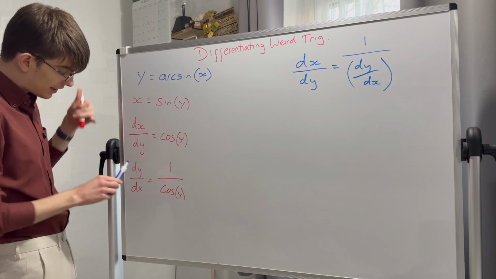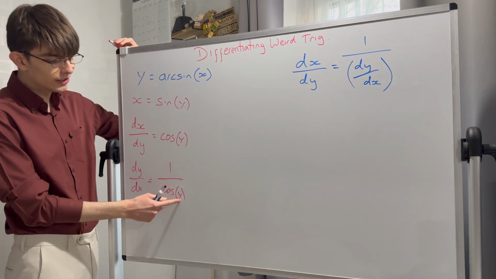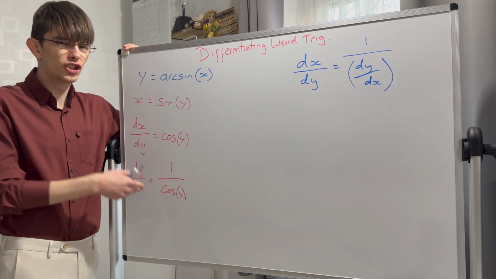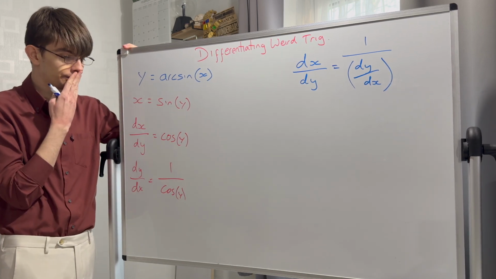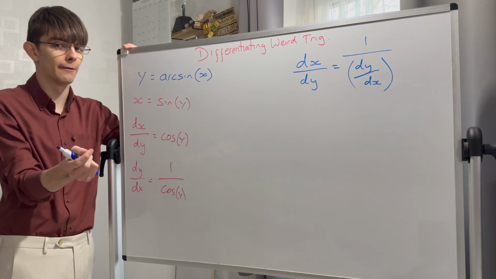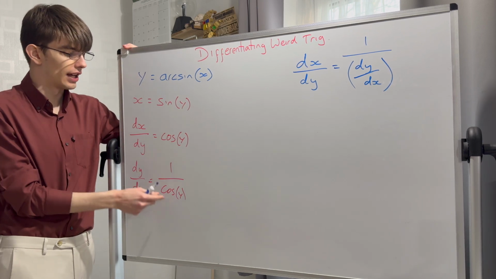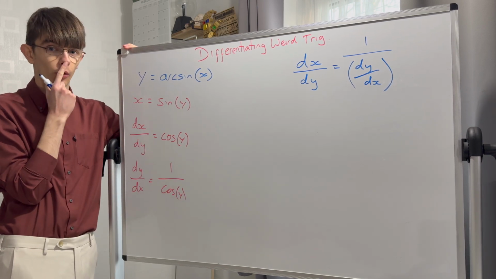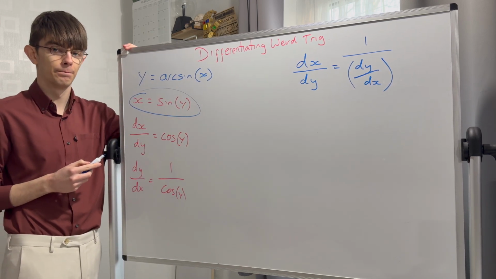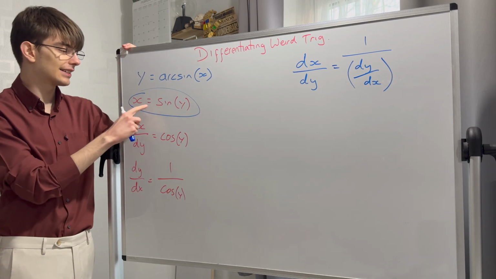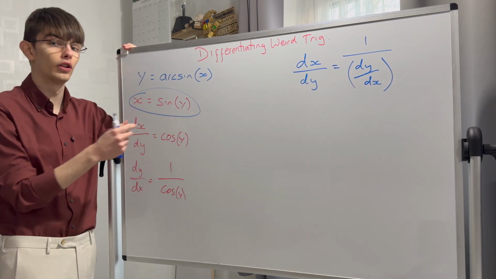But this dy by dx contains a y in it. And usually they contain an x, and realistically they should contain an x. So I need to change that and turn this into an x somehow. And I'm going to do that using this fact here, that x is equal to sine of y.